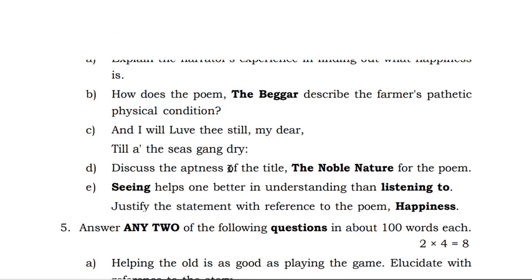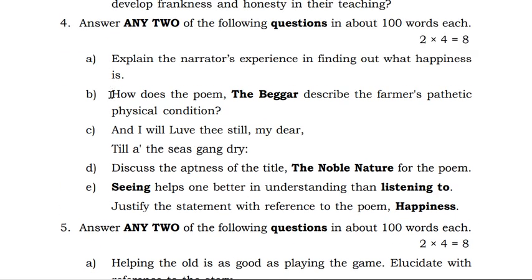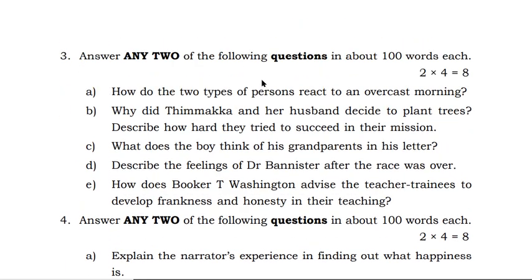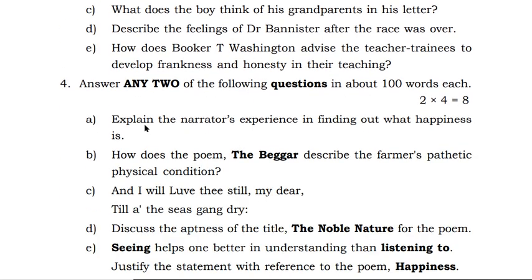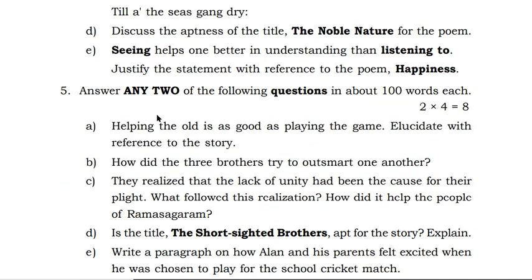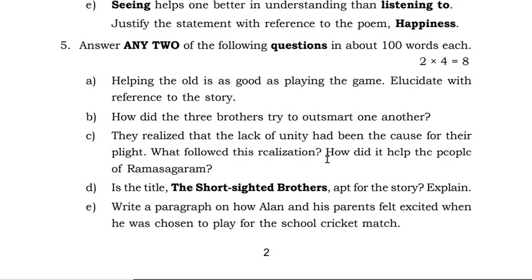So from the third question onwards, the third question, answer any two of the following questions, is from prose. The fourth question is from poetry, and for the fifth question you have to prepare short story question and answers. Clear? So with this, section A would be completed.